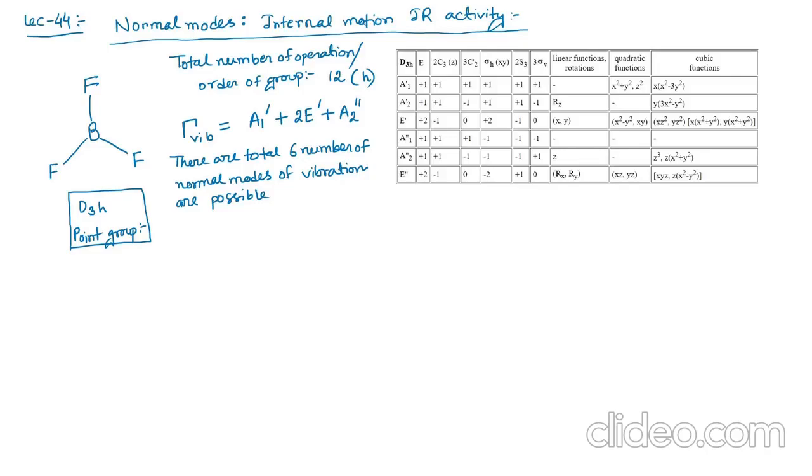Now, each of these modes belongs to which symmetry species, or which irreducible representation? What can be the possibility that there could be a stretching, or you can say a compression, along the bond lengths? Suppose I name these L1, L2, L3. What else?